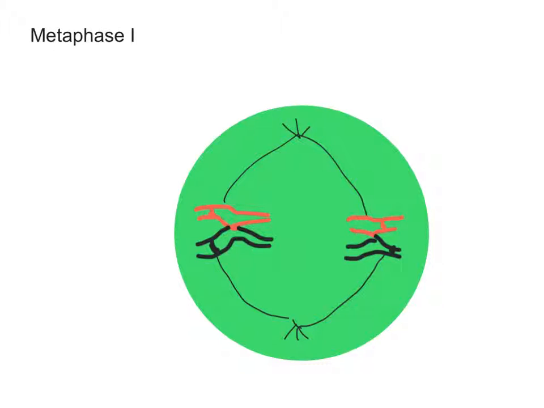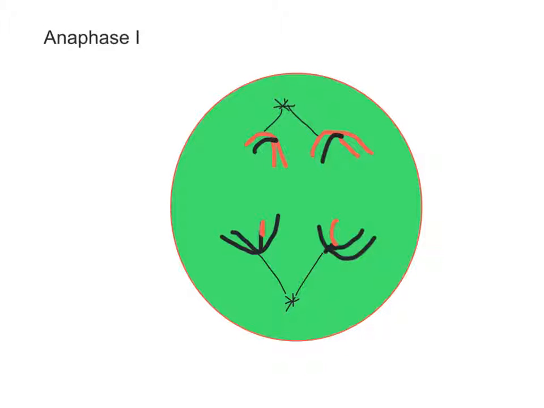After the spindle fibers have attached to the centromeres of the homologous pairs, the spindle fibers will start retracting towards the centriole, and this will cause the homologous pairs to be pulled apart to opposite ends of the cell. However, some people may be wondering if the splitting of the homologous pairs is random, and I can assure them that it is, because in meiosis, each chromosome is attached to only one pole, not both.